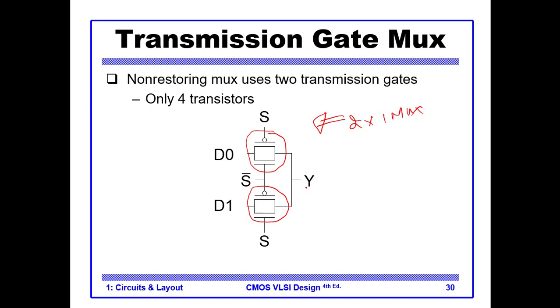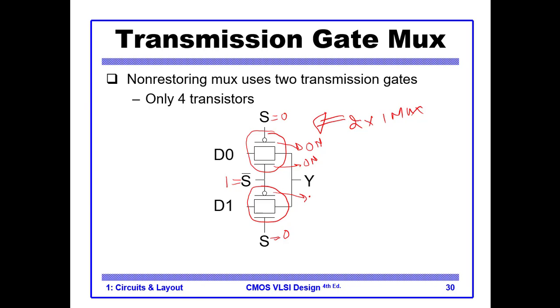For example, let's say that S is 0, so S is 0 and S bar is 1. This means that this transistor is on and this transistor is on.